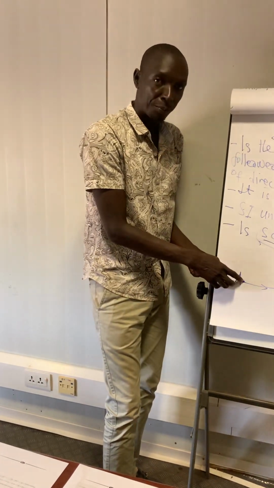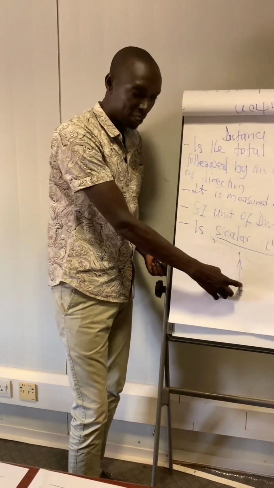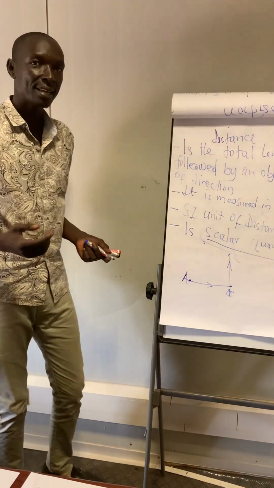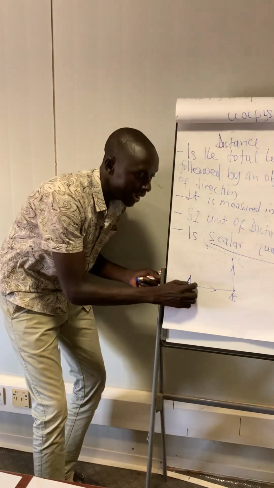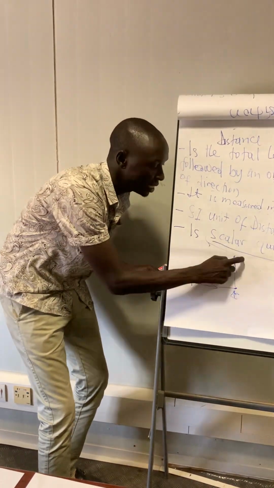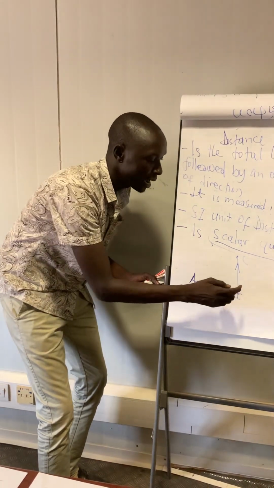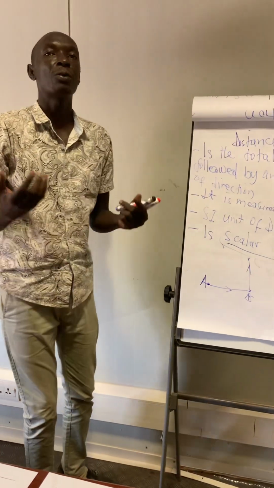You first move from point A east to point B, then from point B you go to point C. So the total length from A to B and B to C is what we call a distance.